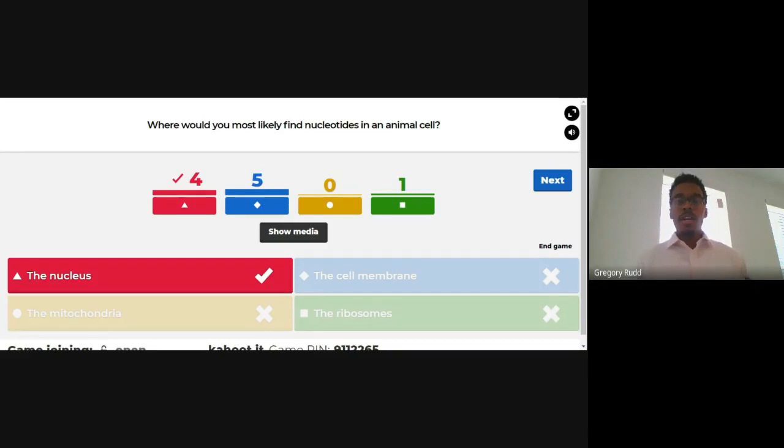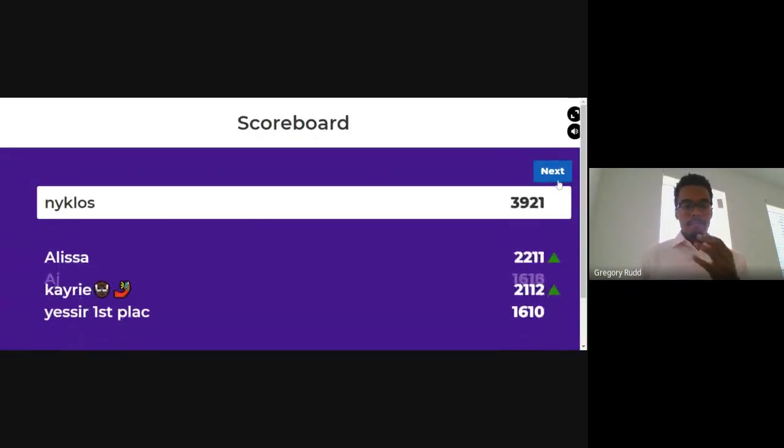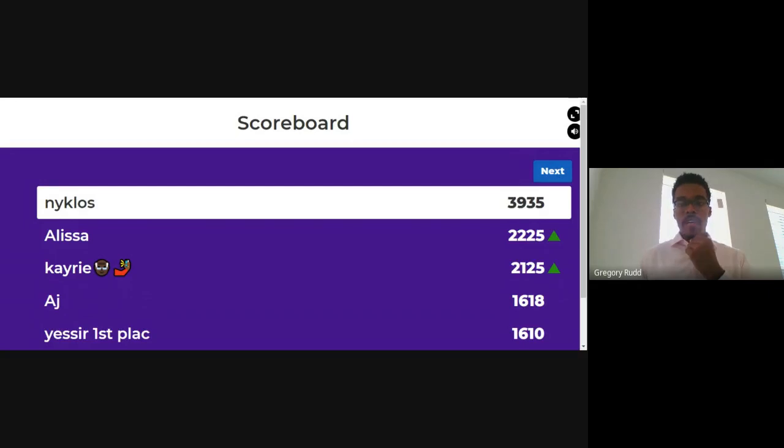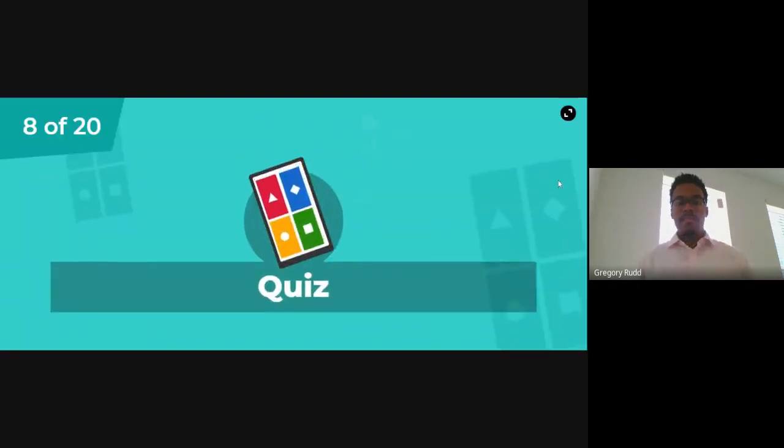They are the monomer of nucleic acids. So we need nucleotides to make DNA. And of course, DNA is found primarily in the nucleus. And we have to start making this connection between the words. If I'm hearing nucleotides, then I should be thinking nucleic acid, and I should be thinking nucleus. They all start with N-U-C-L-E. Nick's on fire. Okay, good job.